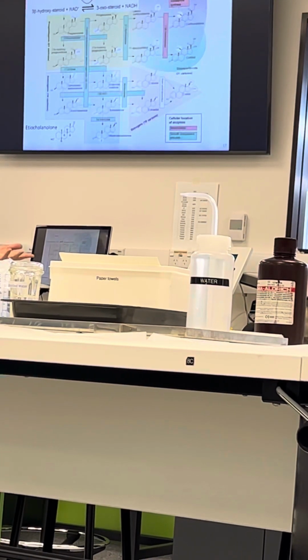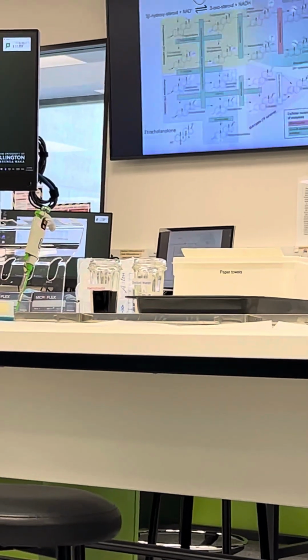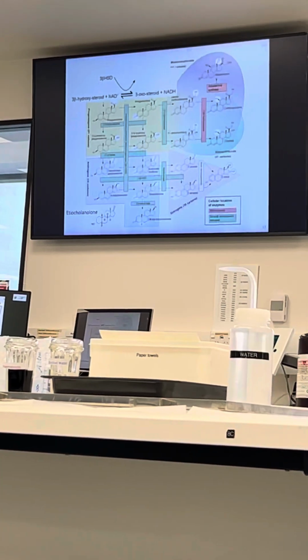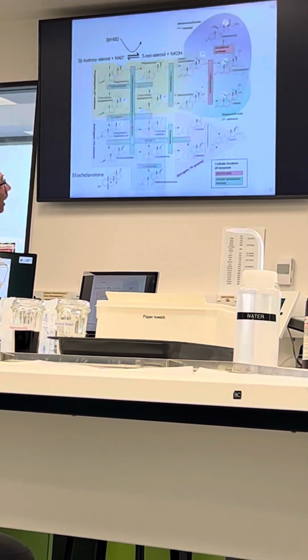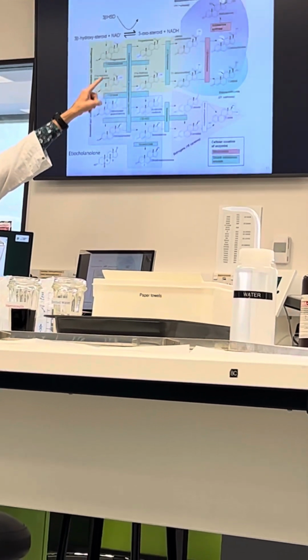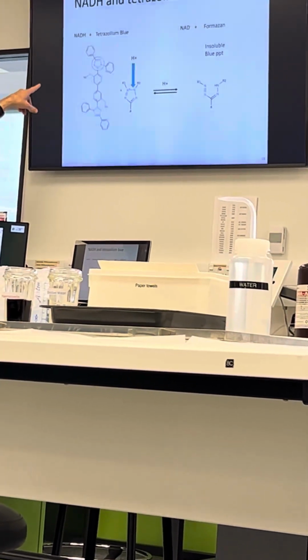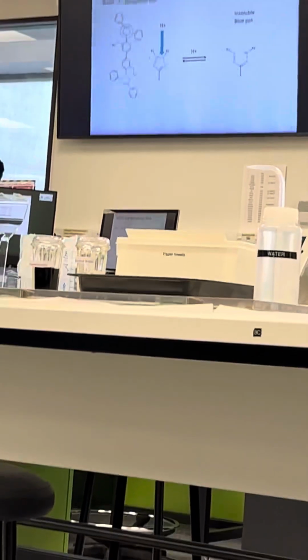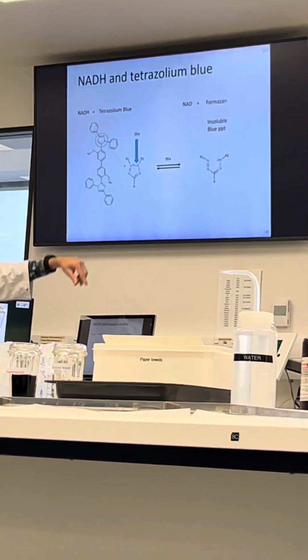Because NAD plus to NADH you can't easily measure, but what you can measure is color. So now we're using the NADH to drive a color reaction, the NADH that's generated through the action of the enzyme we're after. And that's shown here: NADH plus this fella here, you can see it's a very cyclical product.